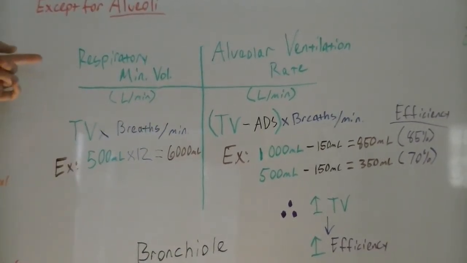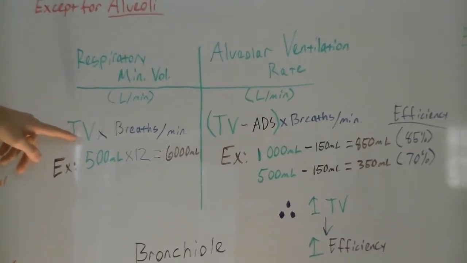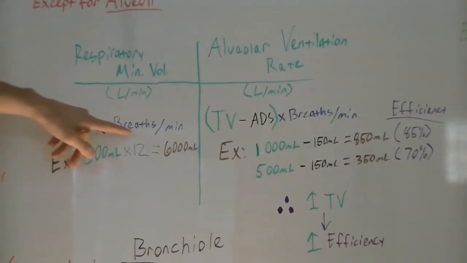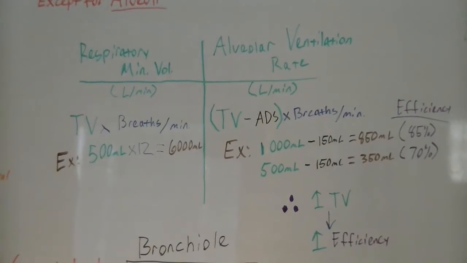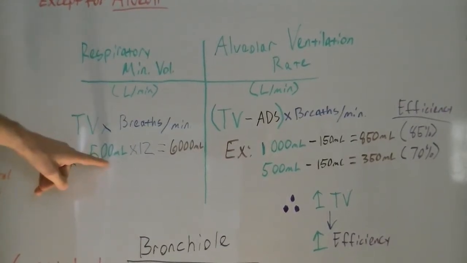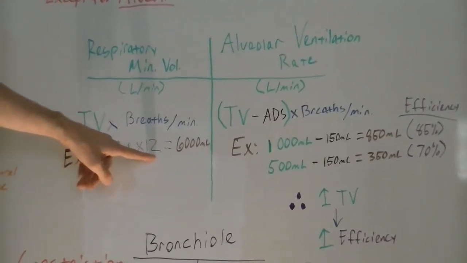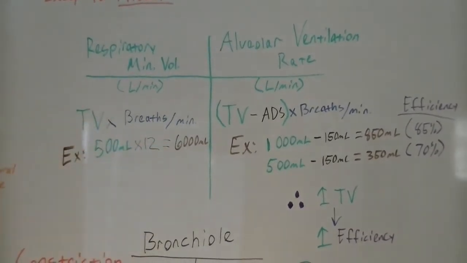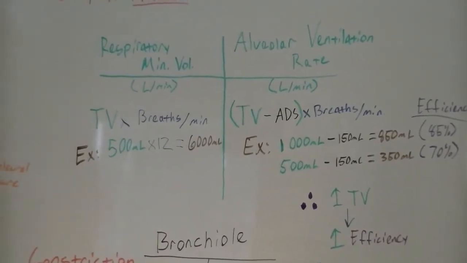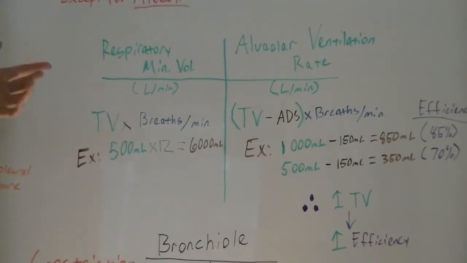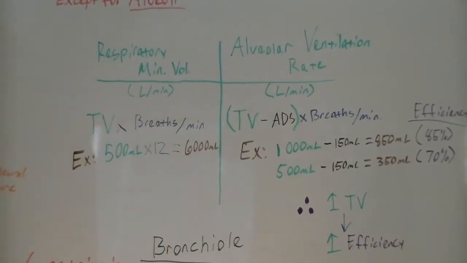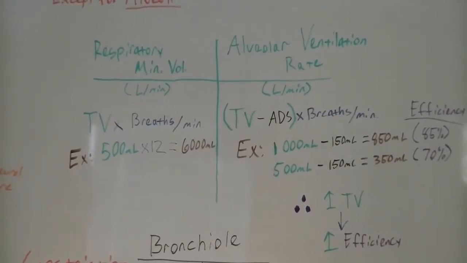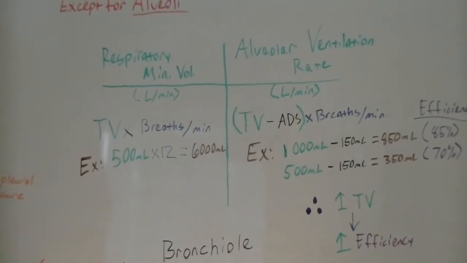So with the respiratory minute volume, you're going to take your tidal volume and multiply it by your breaths per minute. So we have an example here. If your tidal volume is 500 mL, I'm going to multiply that by 12 breaths per minute, and you get 6,000 mL, or 6 liters per minute, for the respiratory minute volume.